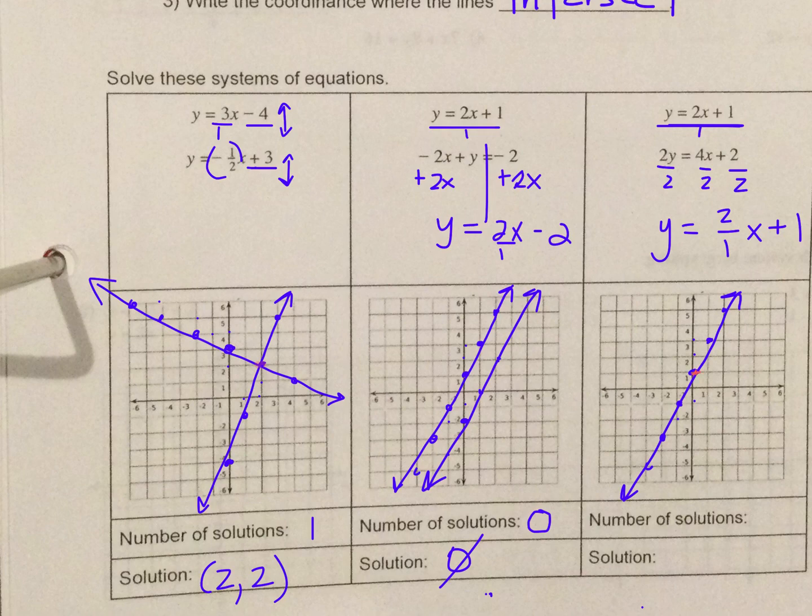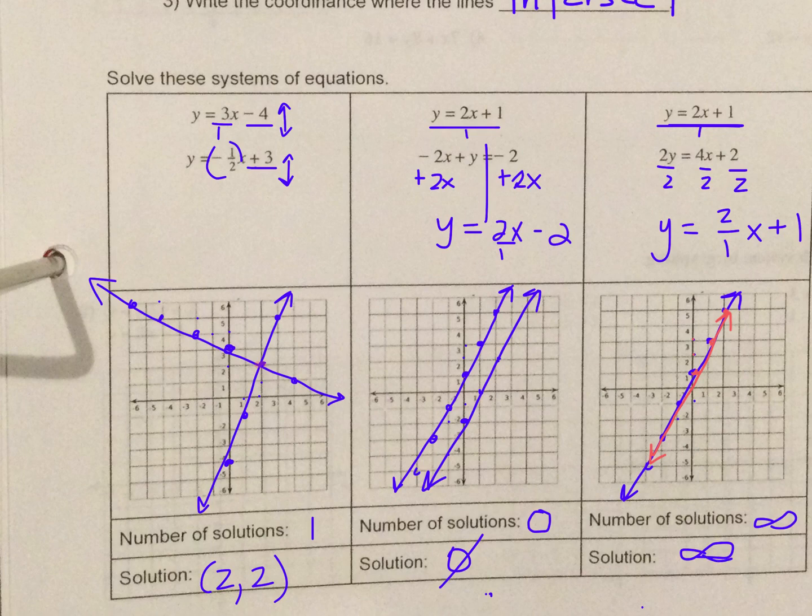Then my slope is rise 2, run 1, rise 2, run 1. Look, it's the same line, the same exact line. When you get that, that means that your solutions are infinitely many. So we would write that infinity sign right there.